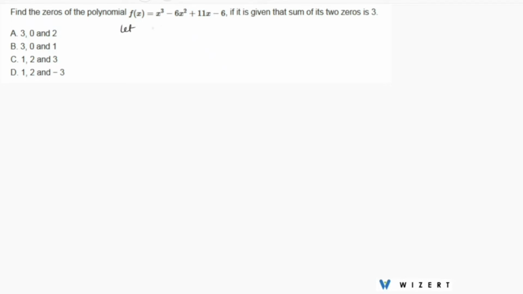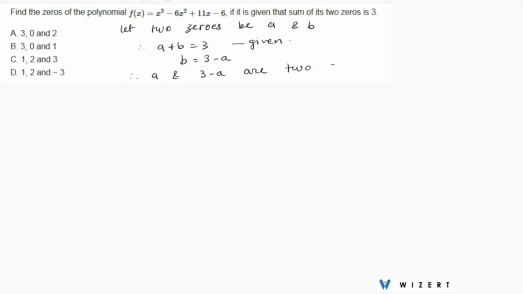So let the two zeros be a and b. Therefore, a plus b equal to 3, given. So we can write b equal to 3 minus a. Therefore, a and 3 minus a are two zeros of f of x.